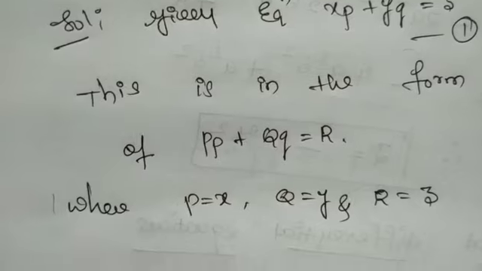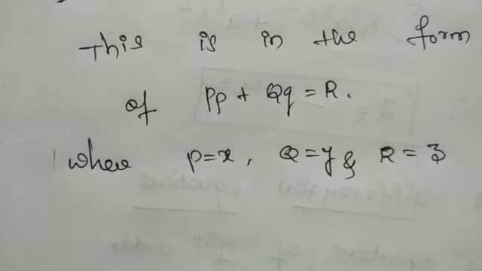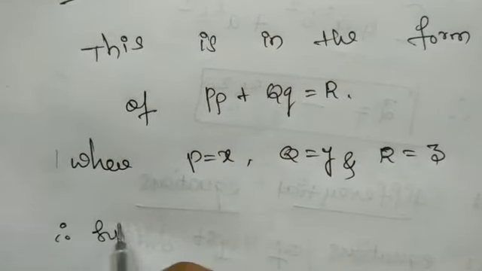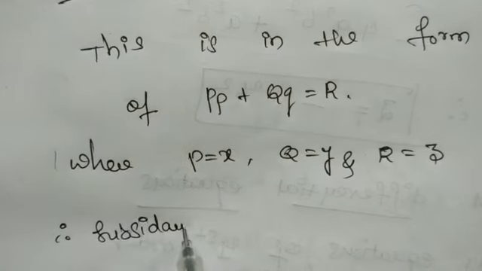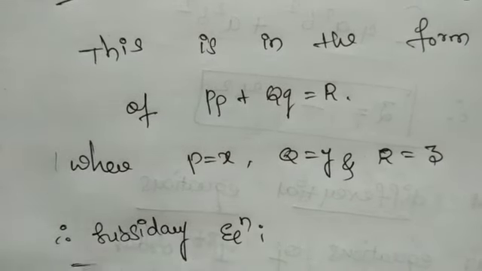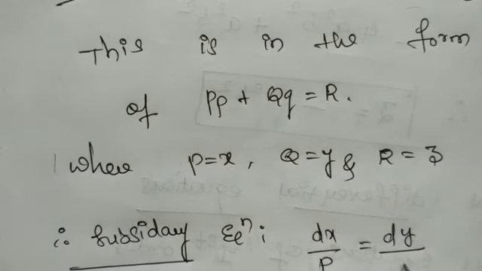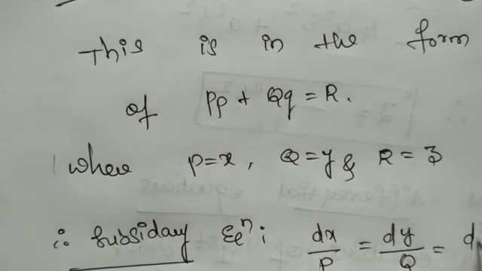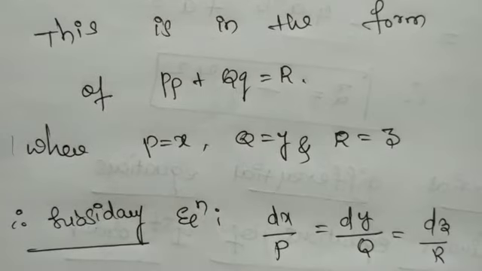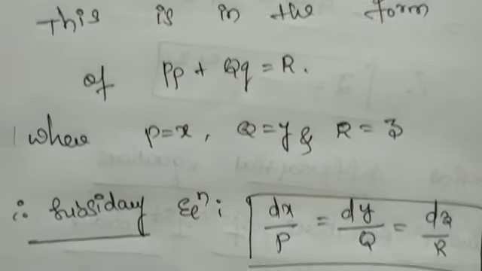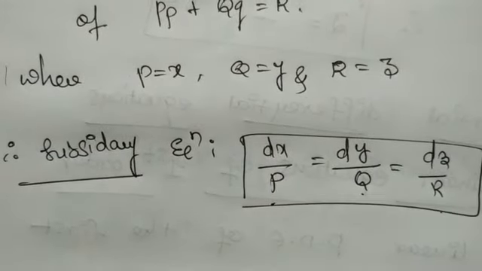Therefore the subsidiary equation is dx by P equal to dy by Q equal to dz by R. This is the subsidiary equation. So substitute P, Q and R values.